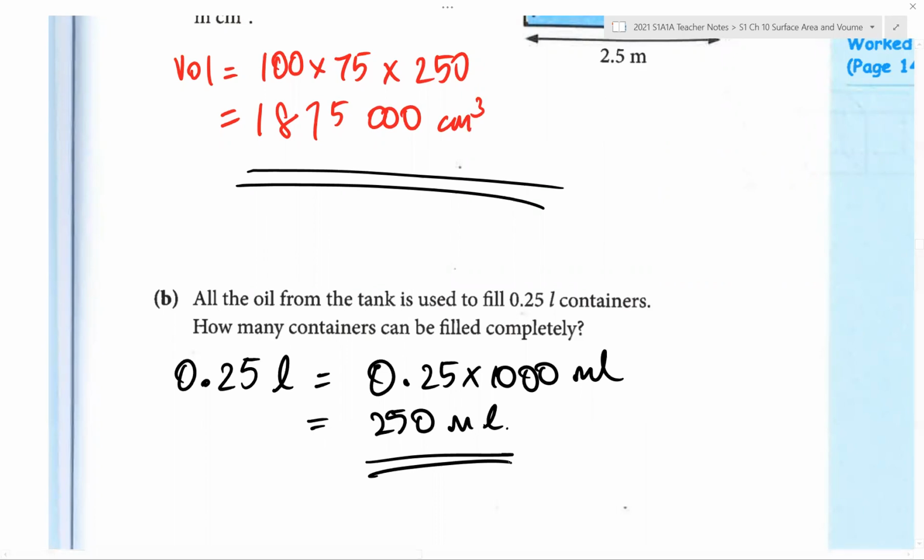I've got Yan Rui, Indra, we've seen completed already. Who would like to go for the next step? It's okay, it's okay. We can continue from here anyway. One bottle, 250 ml only. And I've got 1875000 cubic centimeters. Yes, I know you came in early one.